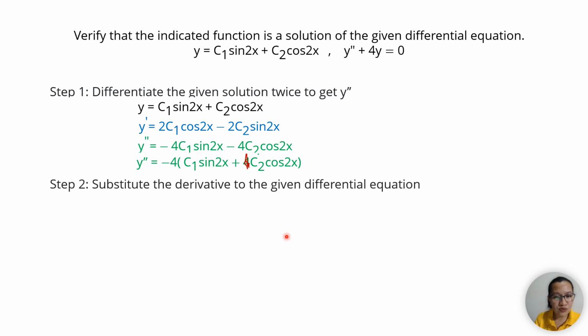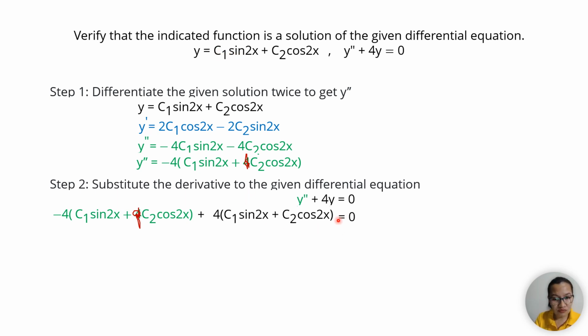And so we substitute that to the differential equation. Again, there's no more 4 here. And then plus 4 times the given y, 4 times this one. And that should be equal to 0.